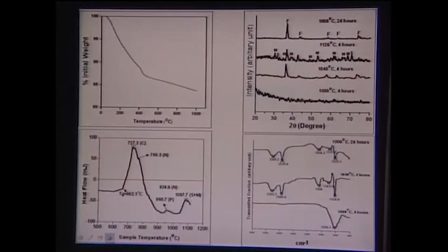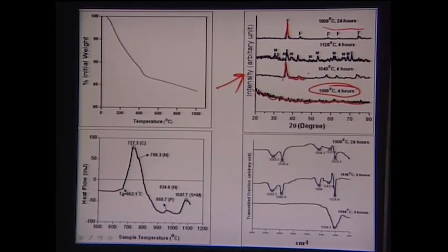That is why in one case we are showing time variation samples, and in the other case temperature variation samples. Now, this is the XRD plot, which essentially says that at 1000 degrees Celsius for 4 hours you have that amorphous matrix. Now, when you crystallize at 1040, 1120 degrees and 1000 degrees for 4 hours, you see a very characteristic fluorophlegopite peak. So, that is a crystalline peak.